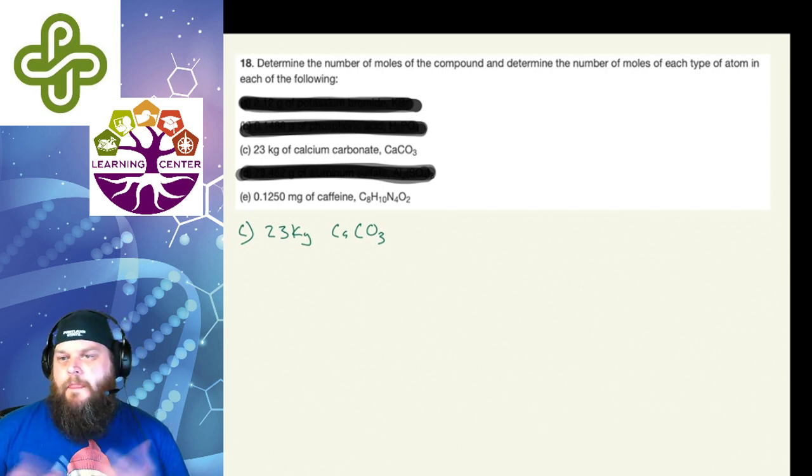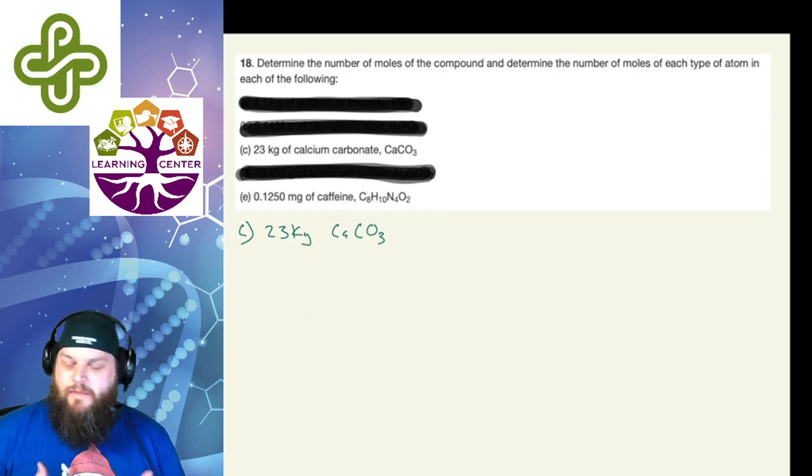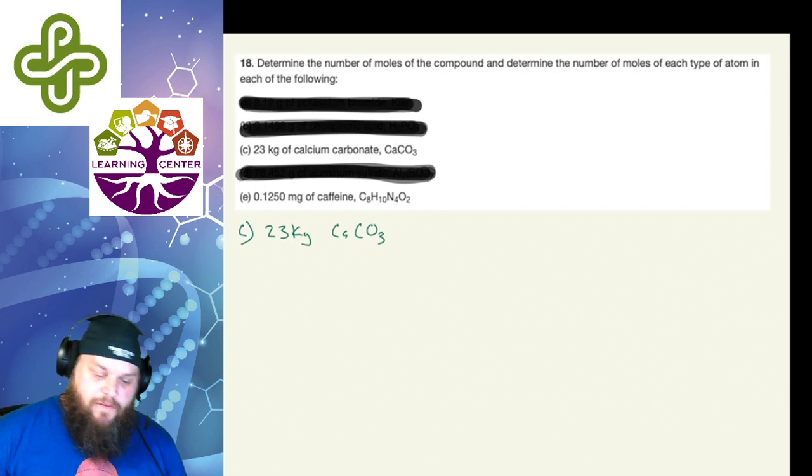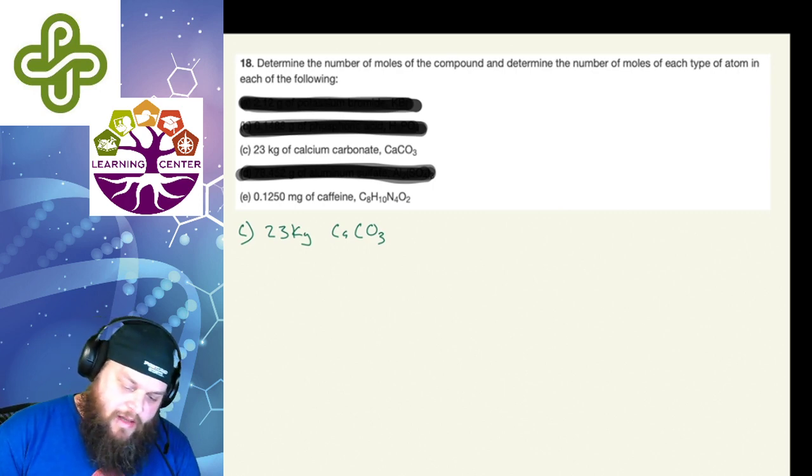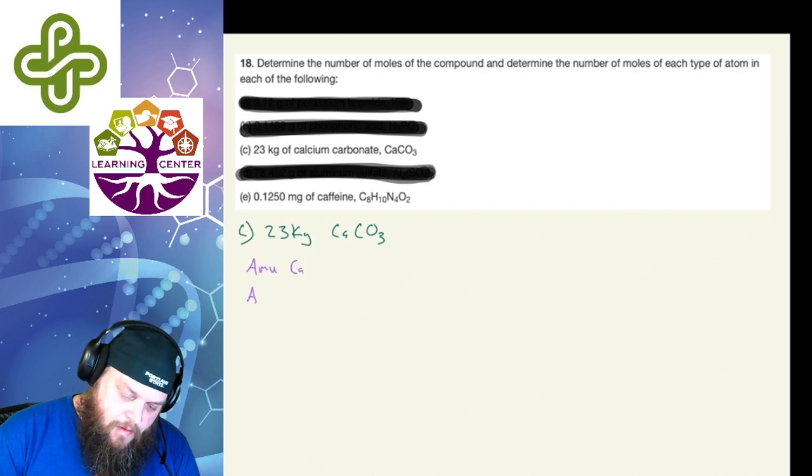So one of the ways we can turn a mass, which is that 23 kilograms, into the number of moles, is to use its molecular weight, the molecular mass. So first we have to find the molecular mass. And this is what we did in part 3, looking at calcium carbonate in this case. So we have to find the AMU of calcium, the AMU of carbon, the AMU of oxygen.